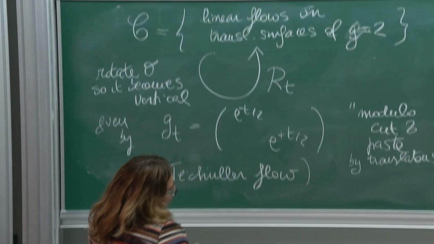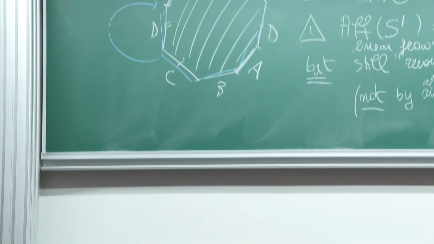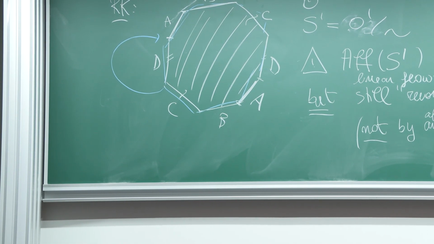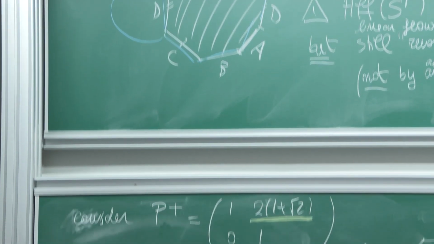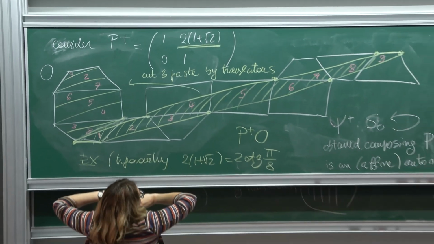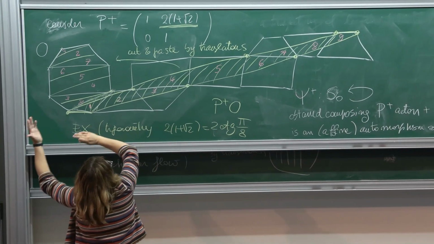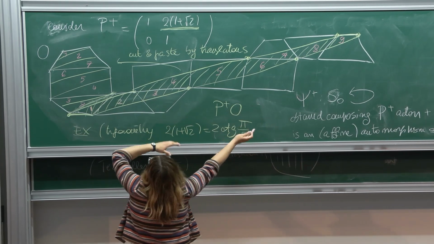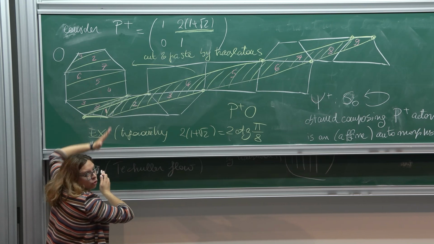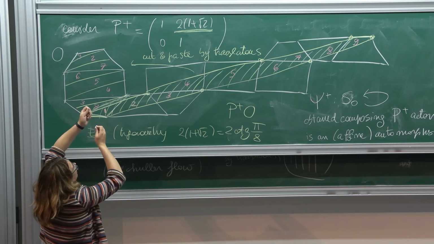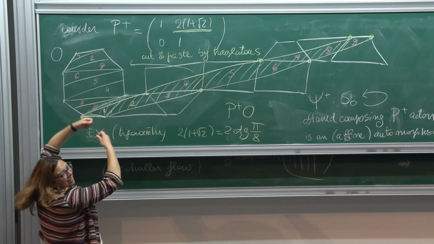I have some hyperbolic diffeomorphism, which is obtained, for example, by composing two twists. So I have a parabolic element like this. I go back to the octagon. I do a parabolic element in another direction, like pi over 4. And the product is hyperbolic.